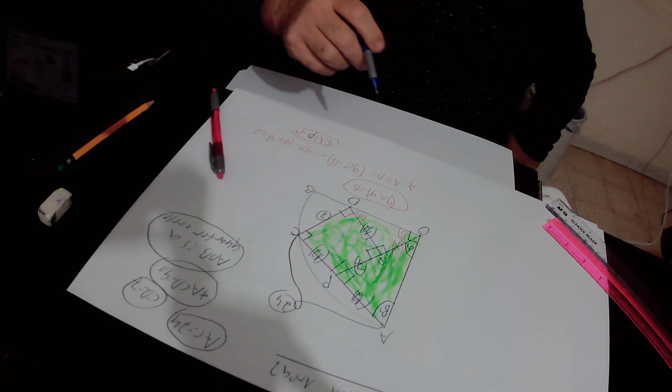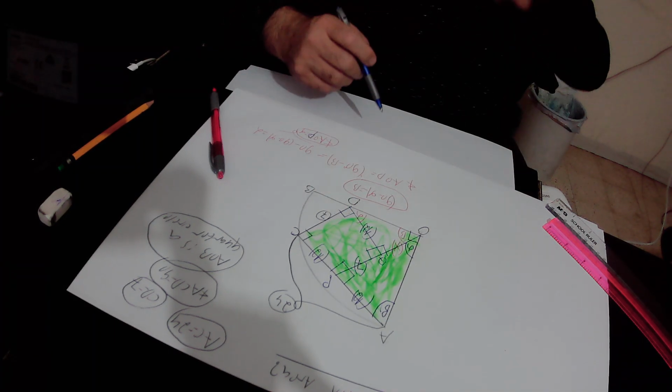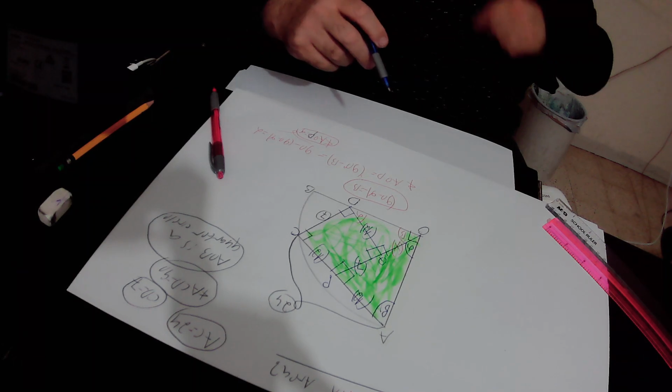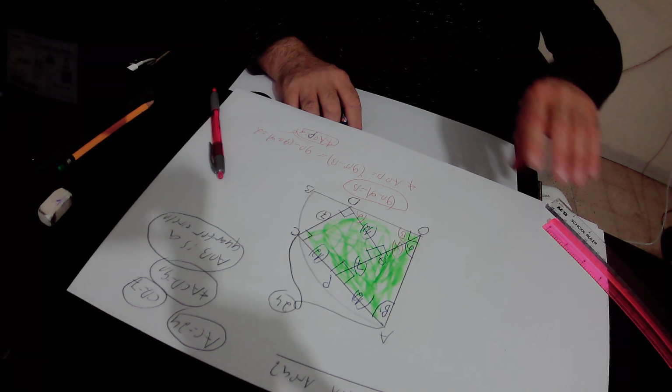We focus on the right triangle OQD. I copy the right triangle OQD in a new page, and I find the value of tangent alpha here.